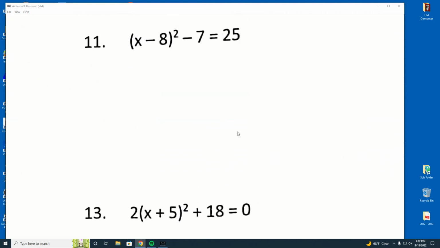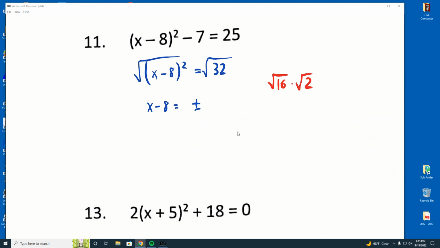Okay, now moving on. Number 11. I'm going to add 7. That's 32. I'm going to take the square root of both sides. Plus or minus, we add to our answer. 32. We got to break that down because it's not a perfect square. So what's the biggest perfect square that goes into 32? 16. And it goes in there twice.